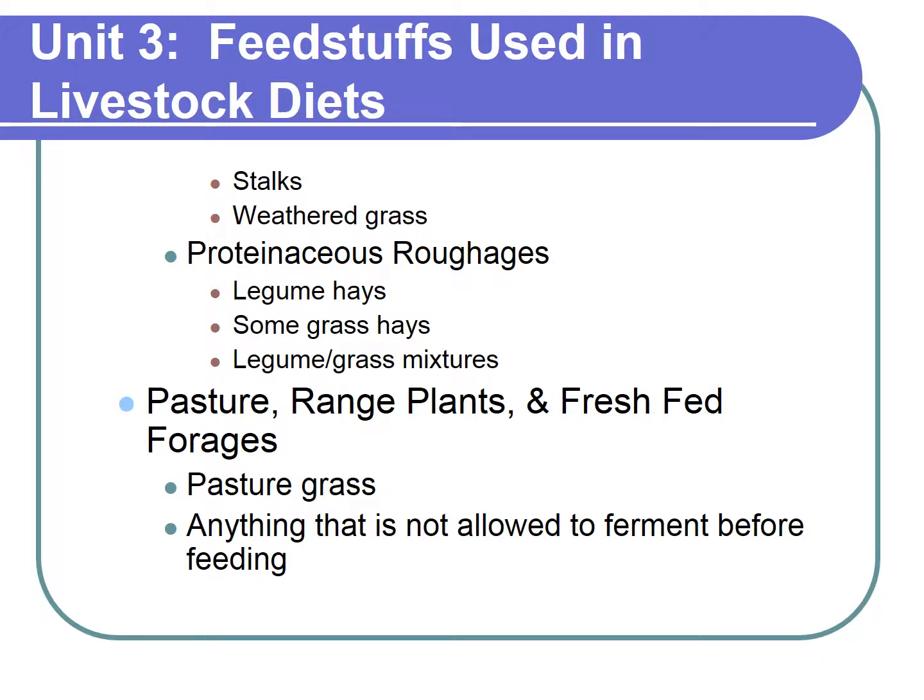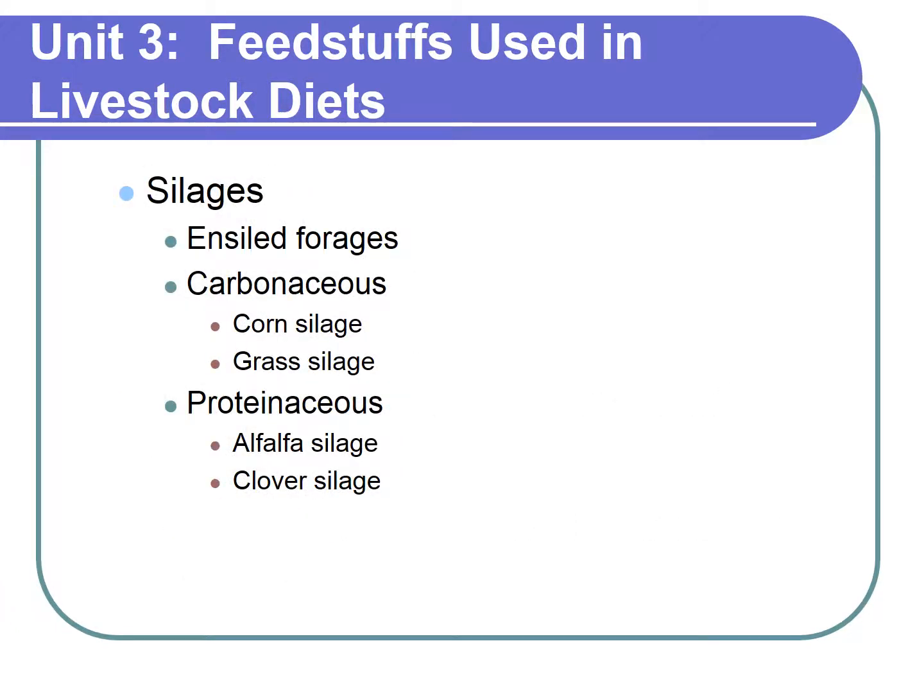Next is pasture, range feeds, and what we call fresh fed or green chop feeds. Pasture grass is anything that's not allowed to ferment before you feed it. That gets its own category because most of the time it's quite variable in terms of nutrient profile.